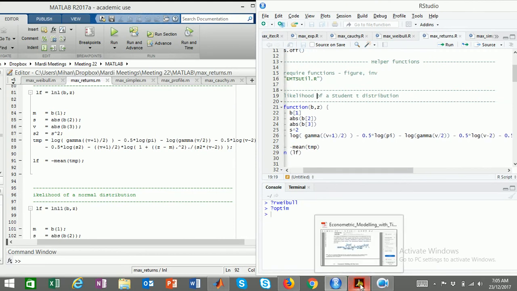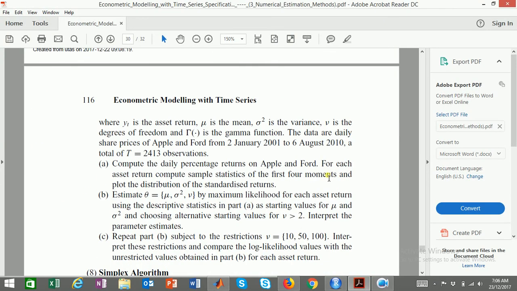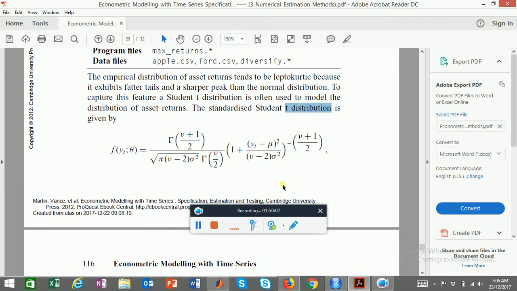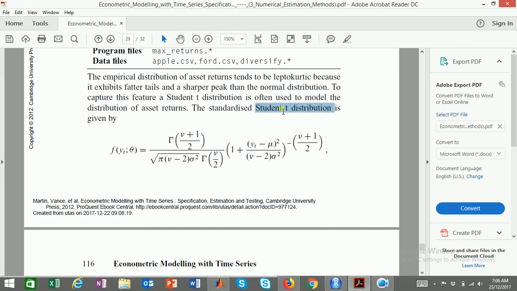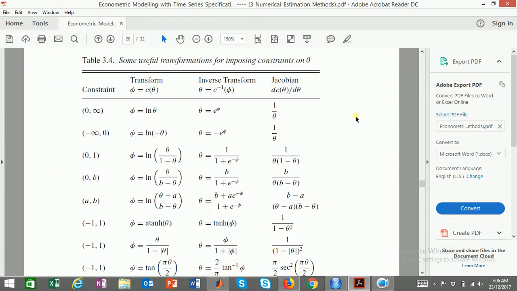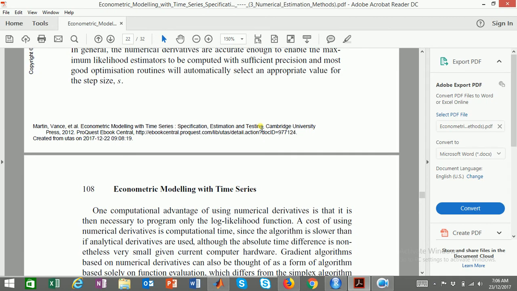No, log of pi, log gamma v by, oh, this is the log function. Do we have the log function for the t distribution? No. Let me see.